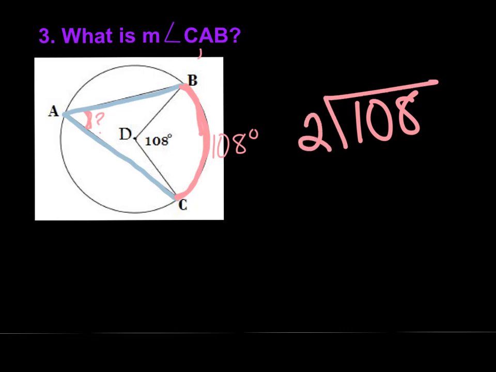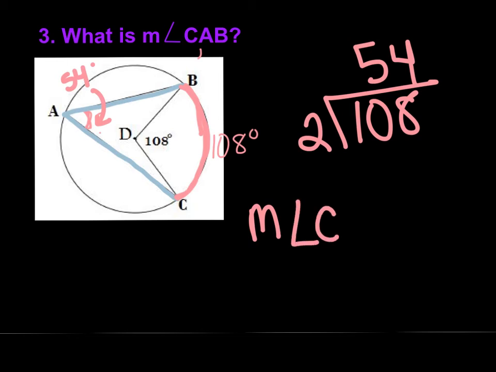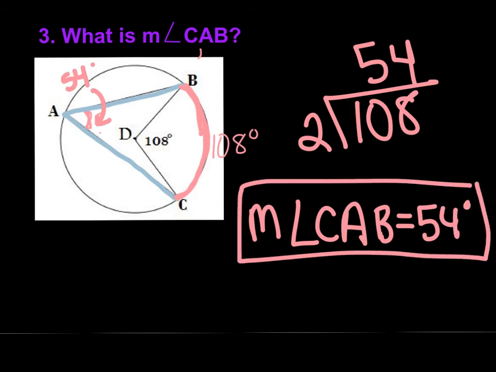And half of 108 is 54. So that means that this little angle in here is going to be 54 degrees. And we're going to write that as measurement of angle CAB is equal to 54 degrees.